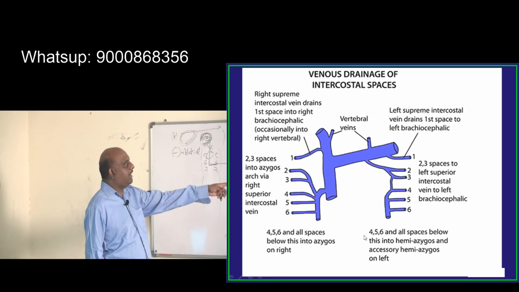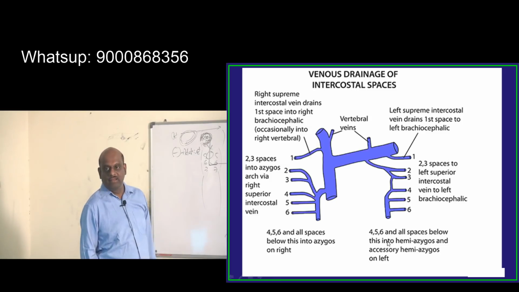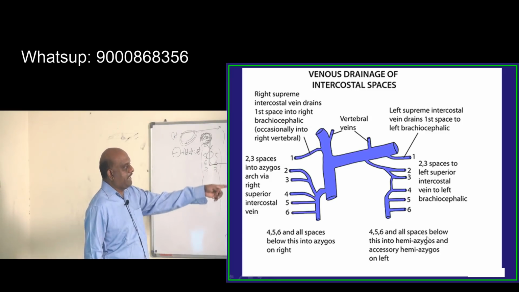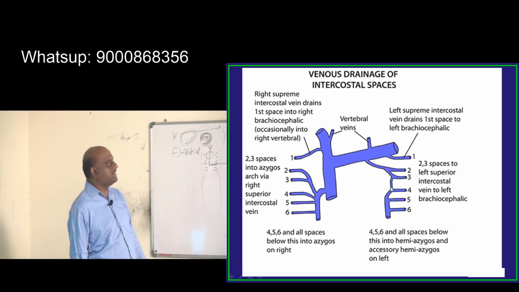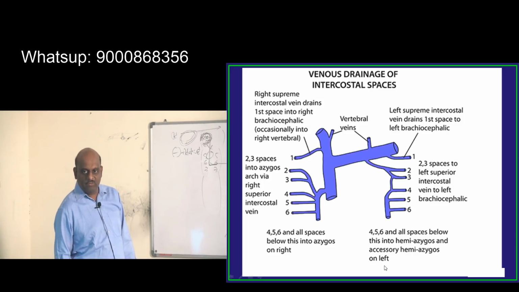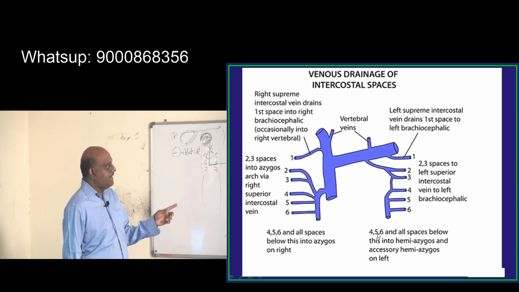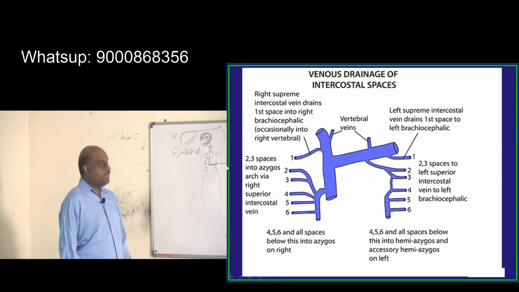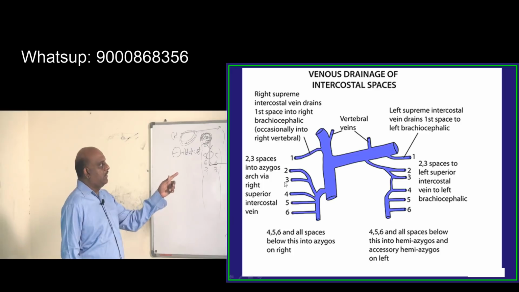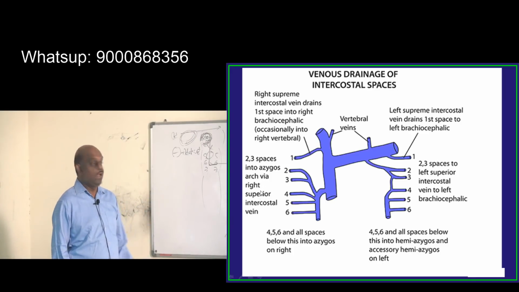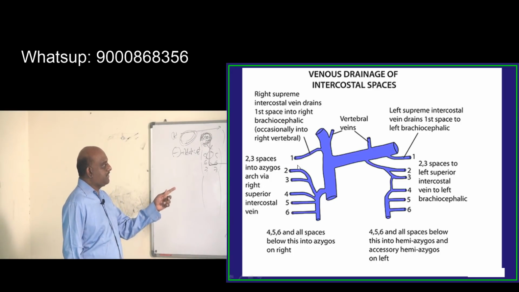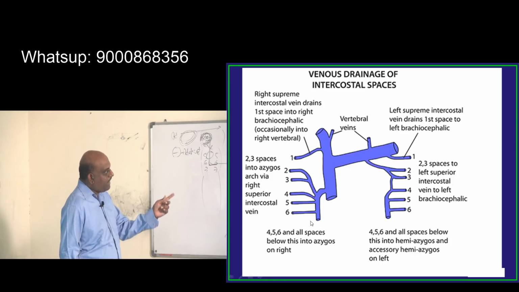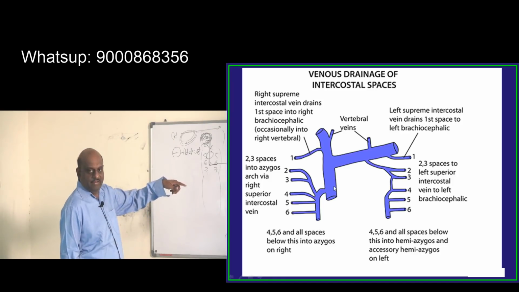Whereas the fourth, fifth, sixth intercostal spaces on the left side, they typically go into the hemiazygous and accessory hemiazygous vein. Typically on the left side you have the hemiazygous and accessory hemiazygous. Whereas on the right side, second and third go into the azygous. Azygous will form an arch before it drains, right?